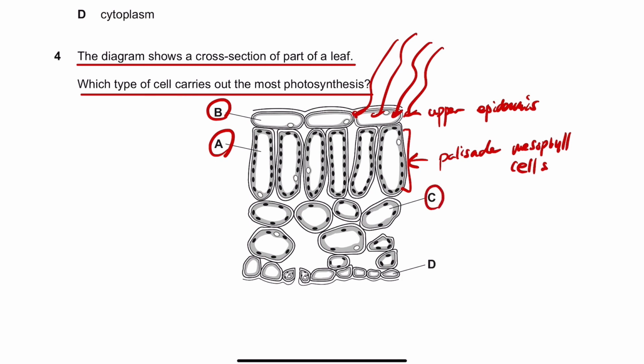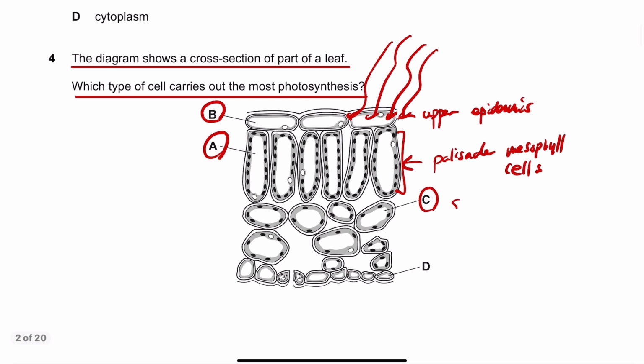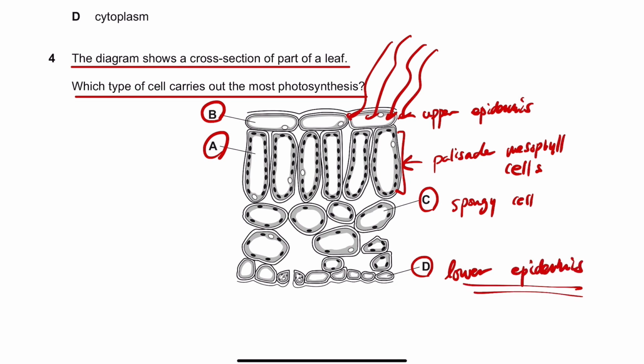And C, this cell is called a spongy cell, or spongy mesophyll cell. And it does receive some light, that's why it has few chloroplasts. And D is the lower epidermis.